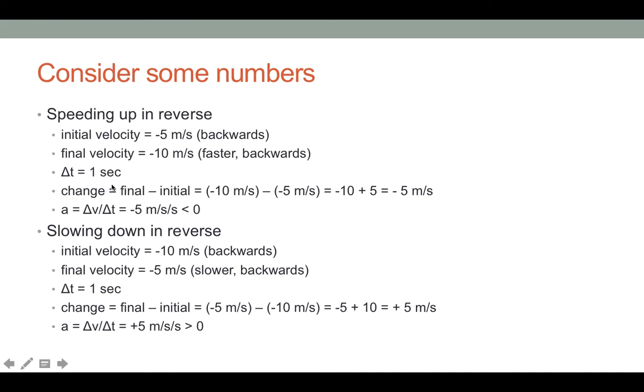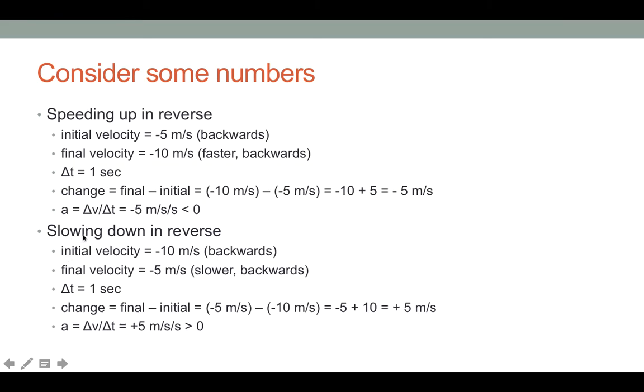And we'll say this change in velocity takes 1 second. The change that we use to calculate acceleration is always the final value minus the initial value. Final value is minus 10. We subtract a minus 5, and that gives us a total change of minus 5 meters per second. And that takes 1 second. Our acceleration will be negative, minus 5 meters per second per second.